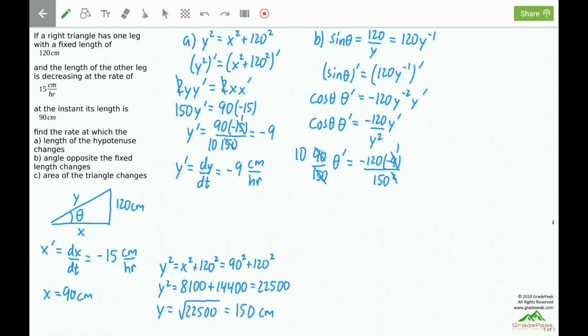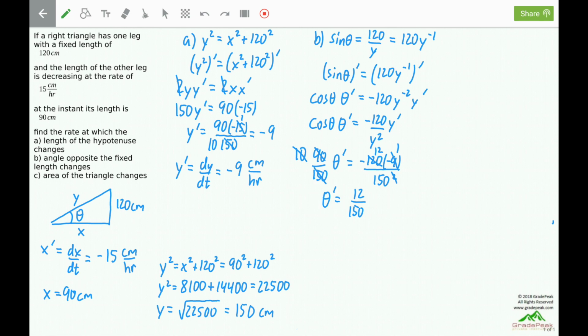That helps reduce the numbers down a little bit. As a matter of fact, we can even cancel the 10 here out with the 120 here, and that'll leave a 12. So we have a -12 times a -1, which is just a 12. So theta prime will equal a 12 over the 150.